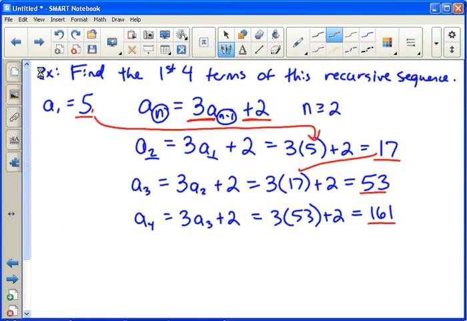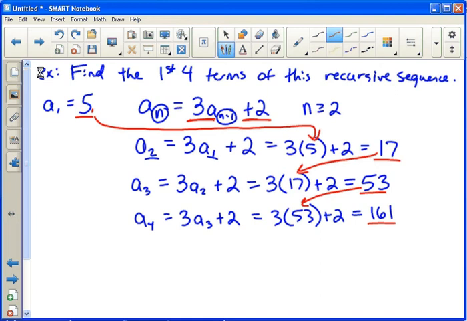The downside of recursive sequences is, number one, some people get really confused with all these subscripts, but the real big deal is if you want to find the 10th term, you have to find terms 1 through 9 first. And that's not so bad with lower numbers, but if you want to find the 100th term, you'd rather not have to plug in and figure out the first 99 terms.